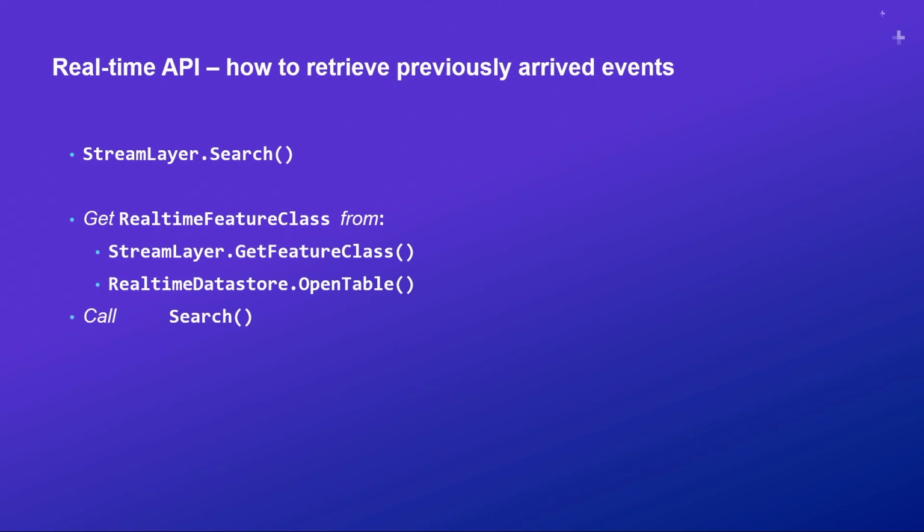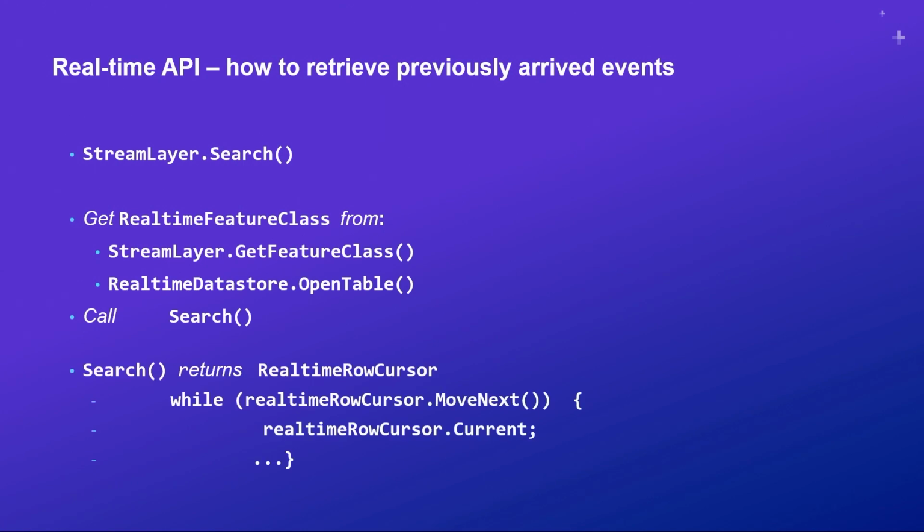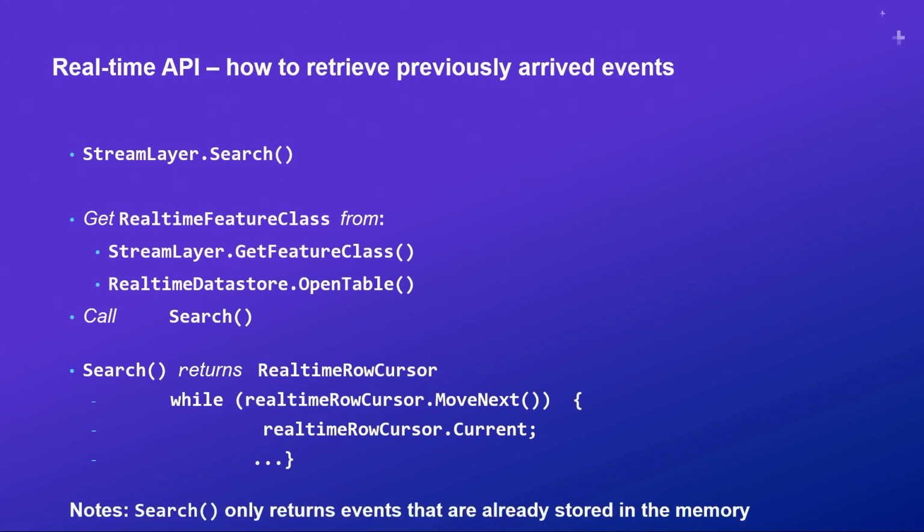Once you call search, it returns a real-time row cursor. It's just like a regular feature cursor: for the feature layer, it returns a row cursor, and in this case, it returns a real-time row cursor. You loop through all the features within that cursor and perform your task. As I mentioned, the search only returns events that are already stored in memory, right? But the way I did it in my demo is that I was listening to the live feed.